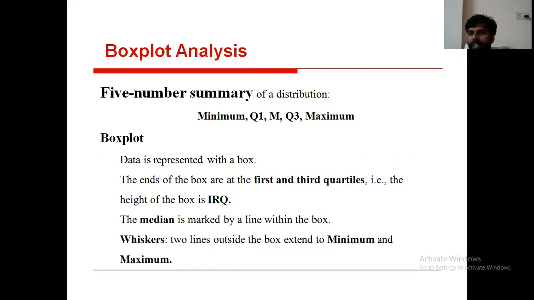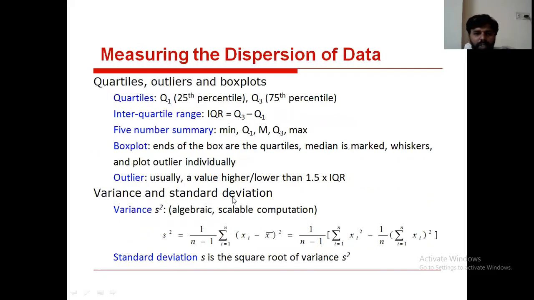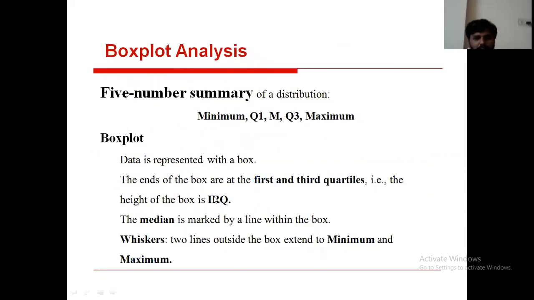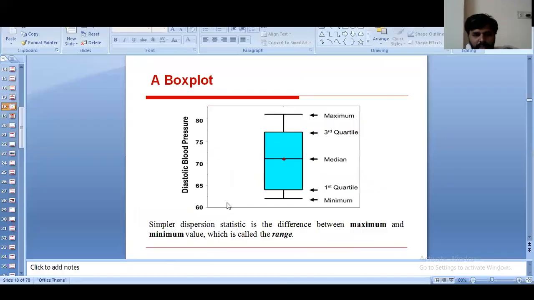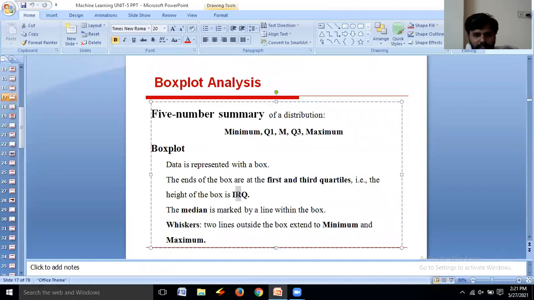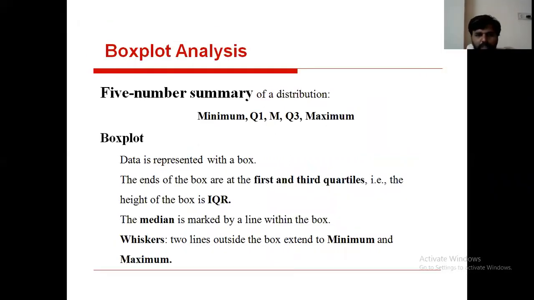IQR. See, this one is IQR, interquartile range. There is a typing mistake. This is interquartile range, that is IQR. Now observe this IQR and the median value. And here we also use whiskers. Whiskers are nothing but the minimum and maximum values, right?